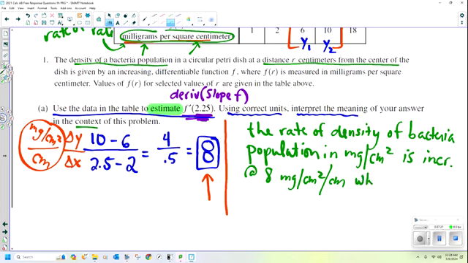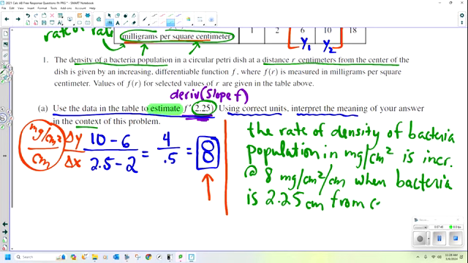When the bacteria is right here, 2.25 centimeters from the center of the Petri dish.